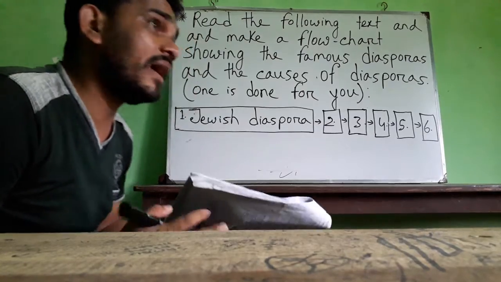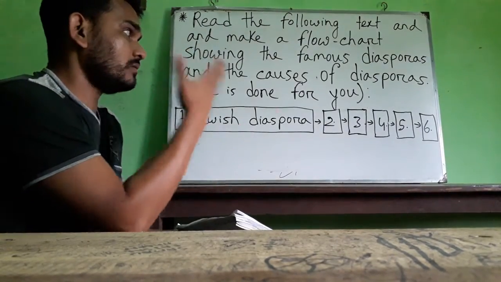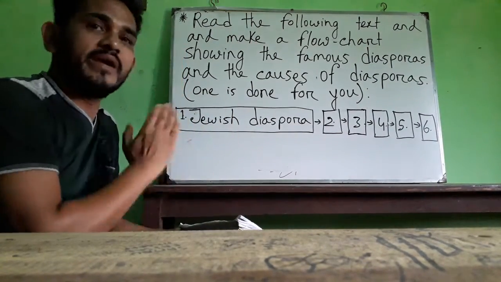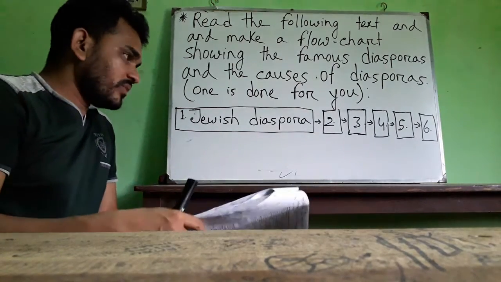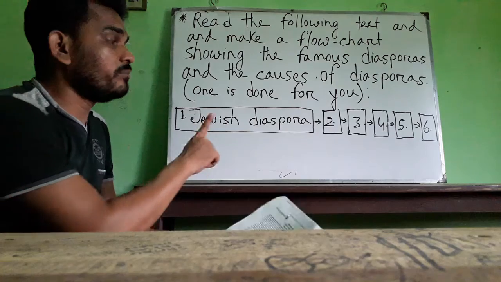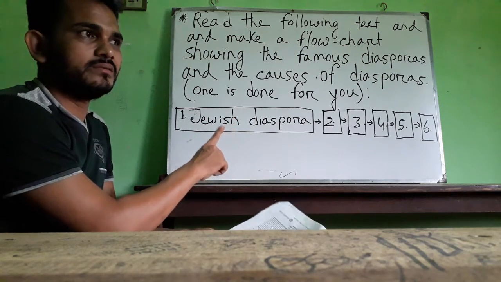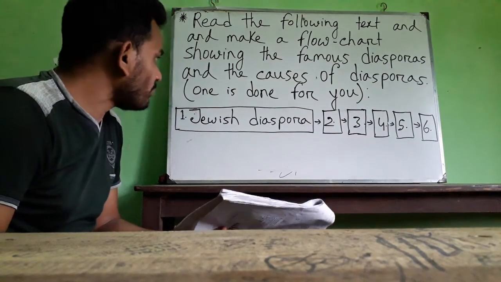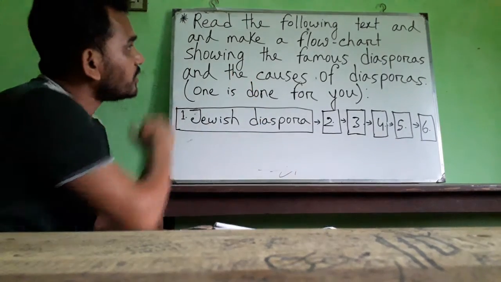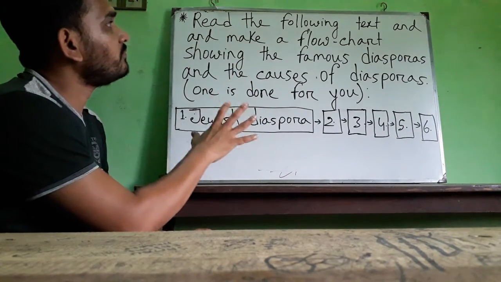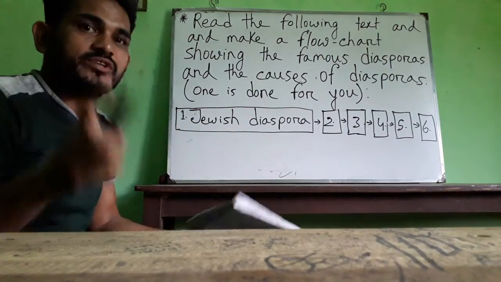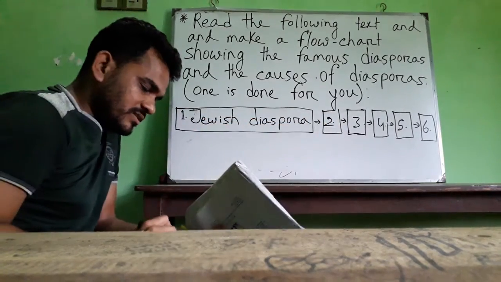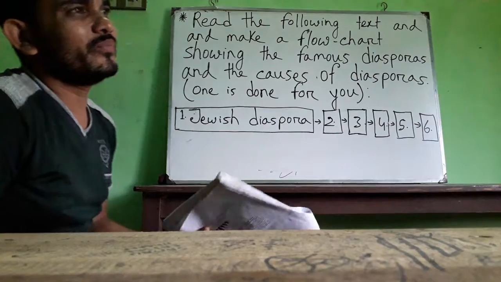That means writing the ing form or infinitive form is not obligatory for us here. But you can't write a complete sentence. Okay, it will never be. So right here we'll take the names of diaspora, the names of famous diasporas for the first 3 boxes. Okay, for number 2, my dear students, one more thing you have to remember.